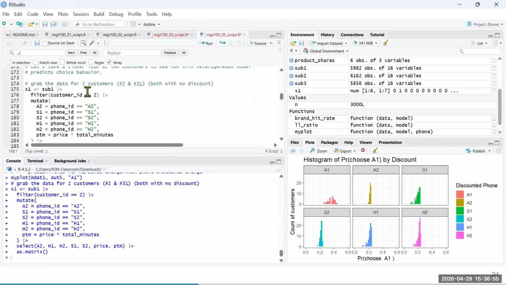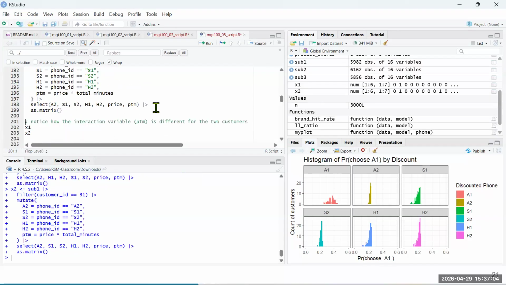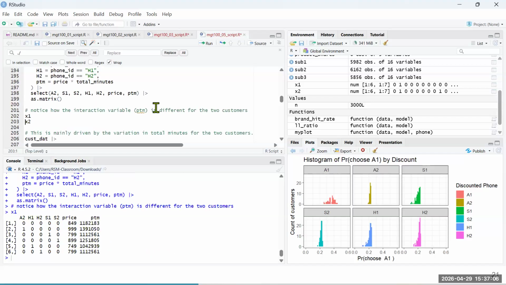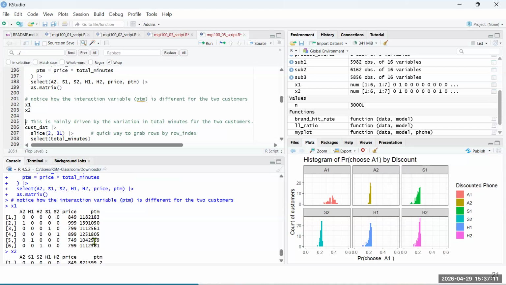And so the first customer is ID number 2, and the second customer is ID 31. And I'm picking those 2 specifically because they have quite different minutes of usage.